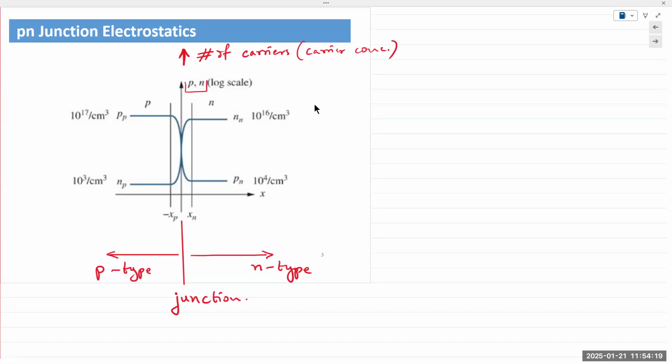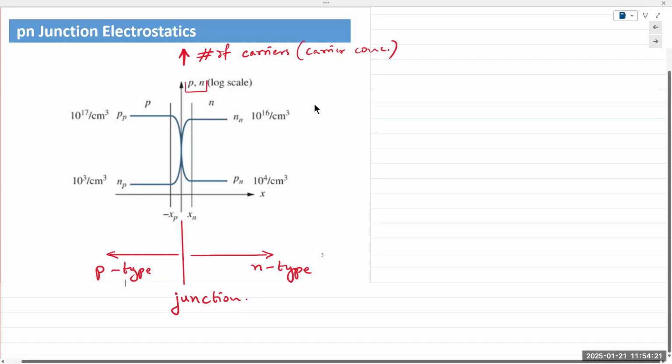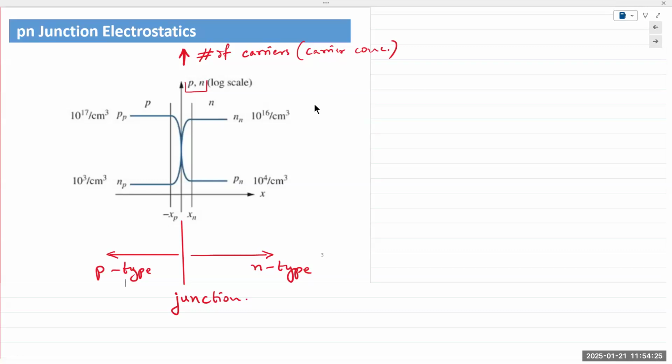What would we expect? We would expect the concentration of electrons to be higher on the N side. The concentration of holes would be higher on the P side. So that is signified right here. Higher level. And then as soon as it crosses over into the P-type material, meaning it goes from here to here, the electrons will drop.